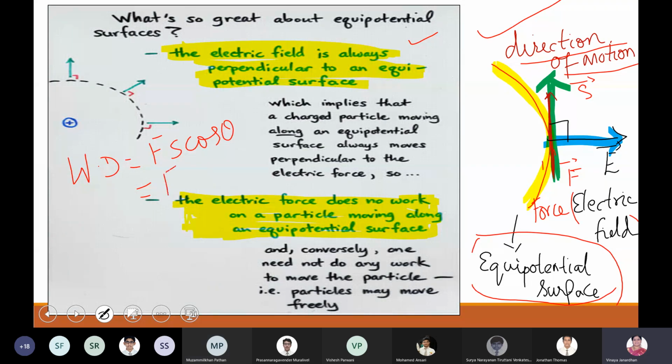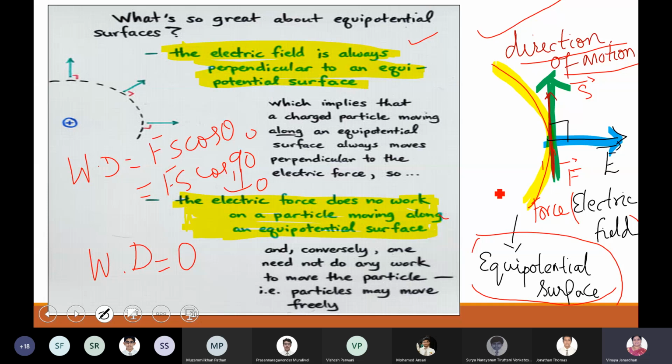So theta is 90 degrees, Fs cos 90, so work done will be equal to 0, as cos 90 is 0. So keep this in mind. Whenever a charged particle moves along an equipotential surface, work done on this charged particle by the electric field will be 0. Is that clear, boys?